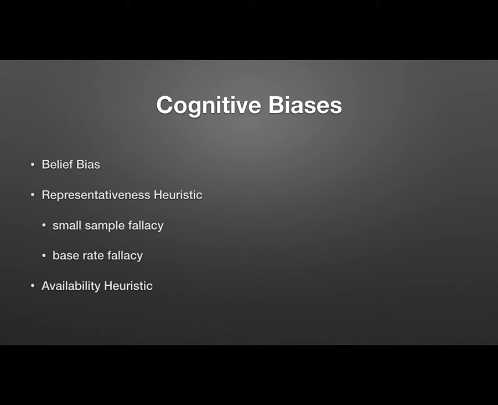Availability heuristics are another big one. We judge how frequent something is based on our own personal experiences, or specifically, if we've heard about something recently, we will misjudge the frequency of it happening.